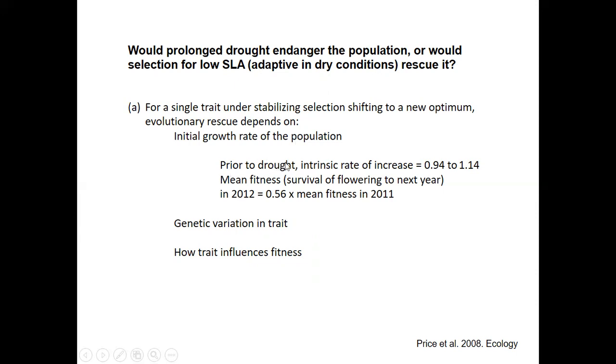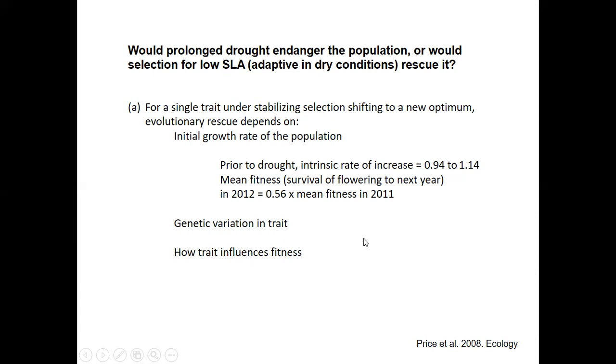Prior to the drought in 2012, the intrinsic rate of increase was hovering around 1, fairly stable population. But in 2012, the mean fitness of the plants was only 56% as high as in the wet year. So it was cut almost in half. We also need to know about genetic variation in the trait. I'll get back to that.